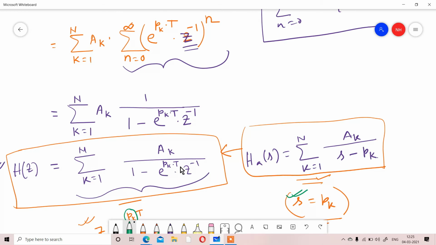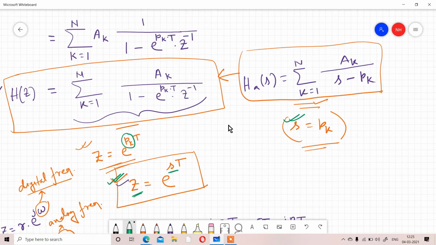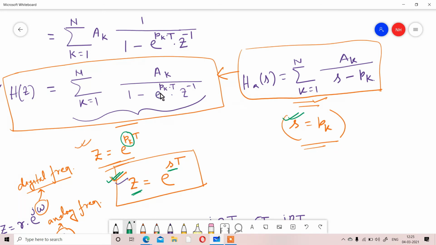In the denominator we have considered the poles: s equal to p_k is the pole for the S domain, and z equal to e to the power p_k T is the pole for the Z domain. To calculate the poles, all of you know the denominator will be equal to 0. From here, if we calculate the value of z, you will get e to the power p_k into T. So these are the two poles for the S mode and Z mode that we are getting.